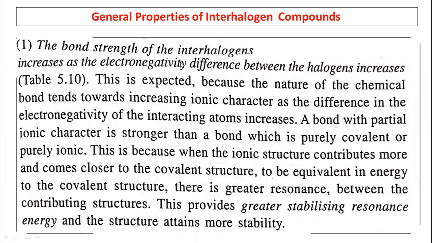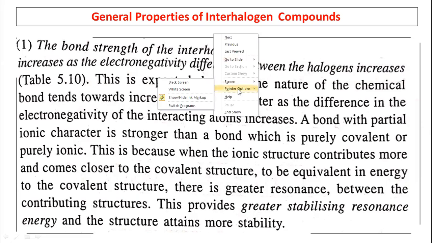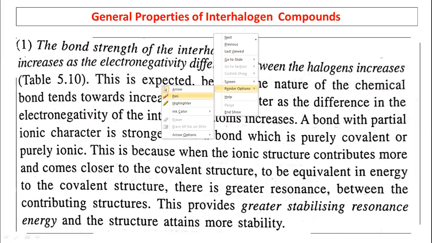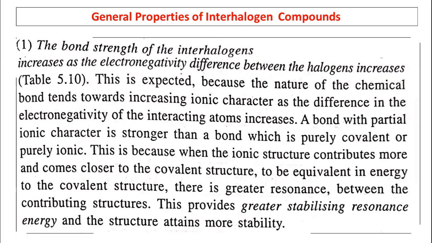For example, iodine monofluoride, iodine monochloride, bromine fluoride. These compounds are called lower interhalogen compounds.